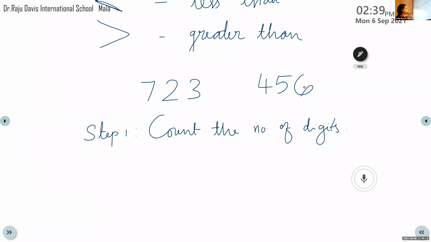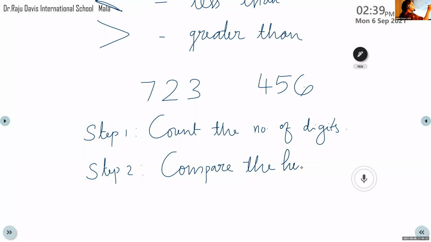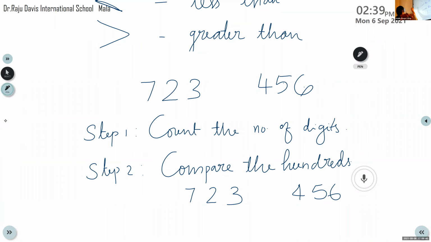So what is the next step? Step 2: we will compare the hundreds. Now let us see the numbers once again, 723 and 456.